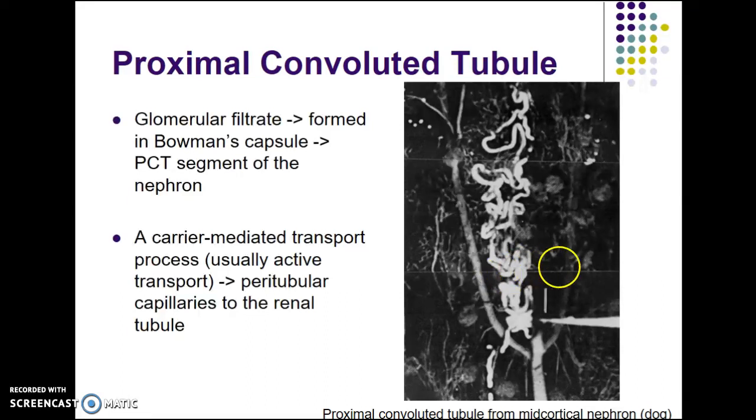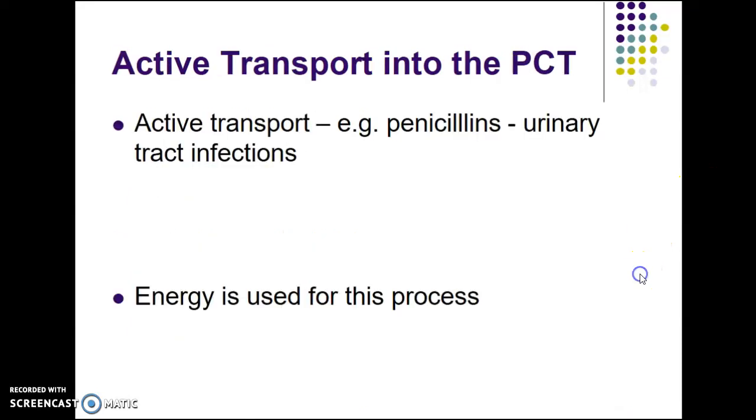So it's just a transport system that can bring it into the renal tubules. And we use this to our advantage in the case of penicillins. Penicillins are actively transported into the proximal convoluted tubule and are very good for treating bladder infections. So they are just brought right in, go into the bladder, and can treat that infection.